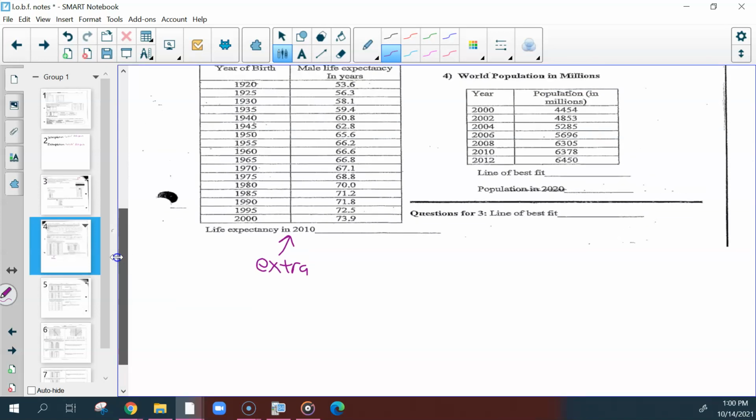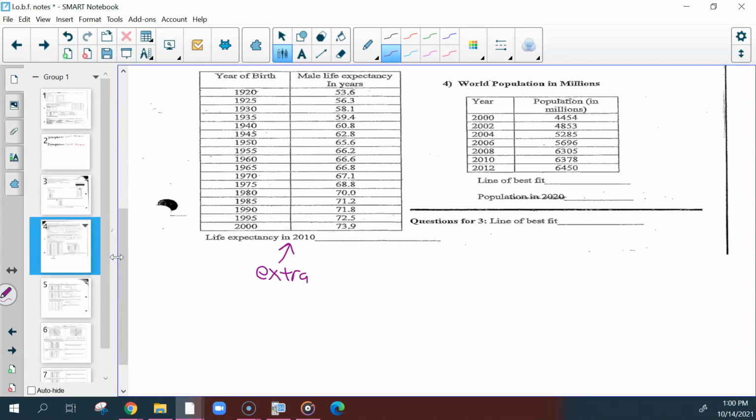If it asks us to find a specific year within these, like this doesn't say 1920, 1921, 22, 23, 24, it jumps. But if I said 1923, that would be within this data. That would be inside the data. 2010 is outside of the data because it stops at 2000.